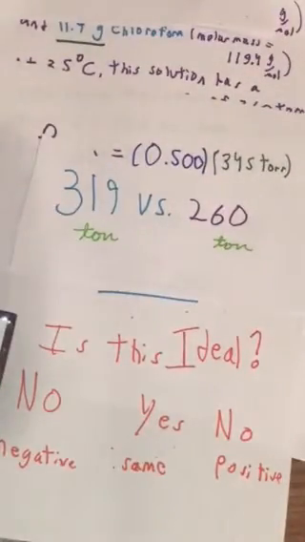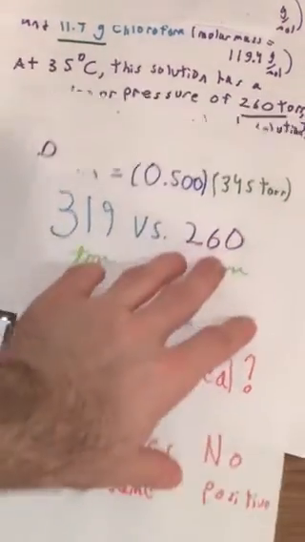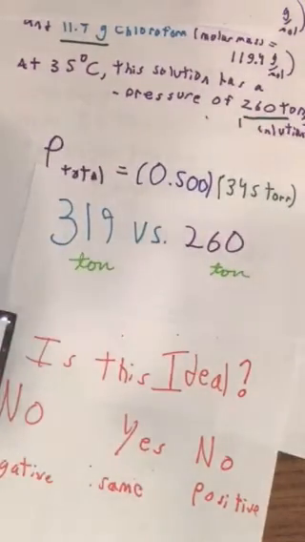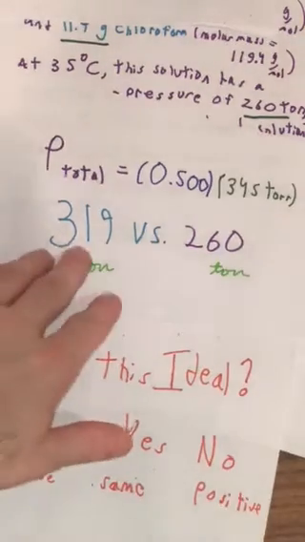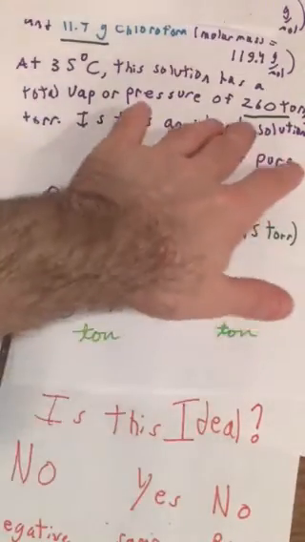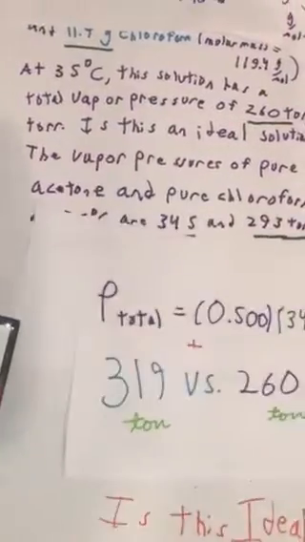Why is this a negative deviation? Because the observed vapor pressure, we observed 260, was lower than the expected value. We expected this. Now you might say, well, I thought we expected 260. I said the same thing.